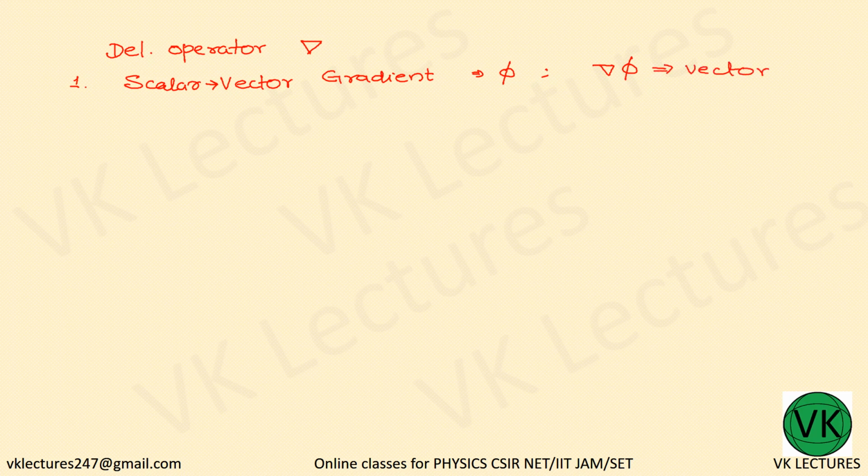Now a very good example that we can give is electric field E is equal to minus del V, where V is the potential, scalar potential. Okay, this V is a scalar potential. And here this is the electric field.